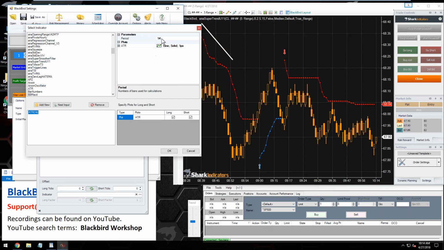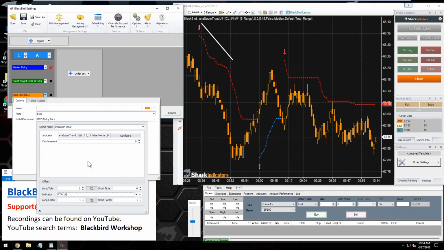Use the ATR and, of course, set whatever period ATR you want to use. I'll just stick with the 14 period. Call it good. And then you put in your multiplying factor here, or your multiplier. So we want 1.25, like so.